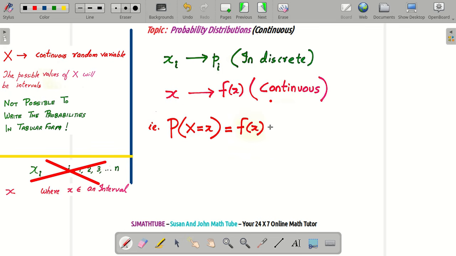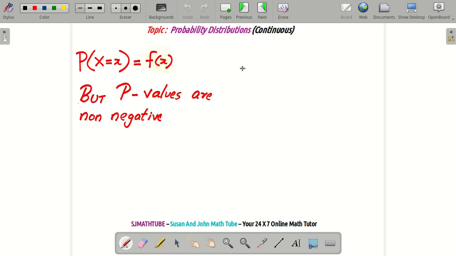So look at this. The probability is given by f of x, where x is our input and f of x is the output. And the output is nothing but probability value. And since they are probability values, they are non-negative.